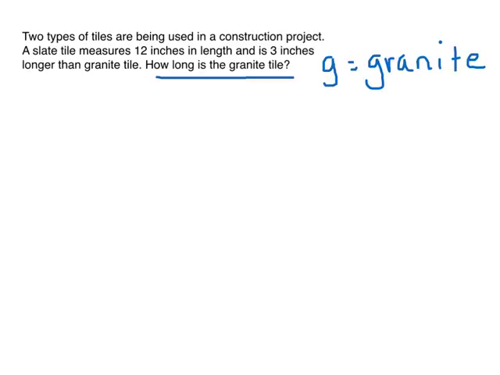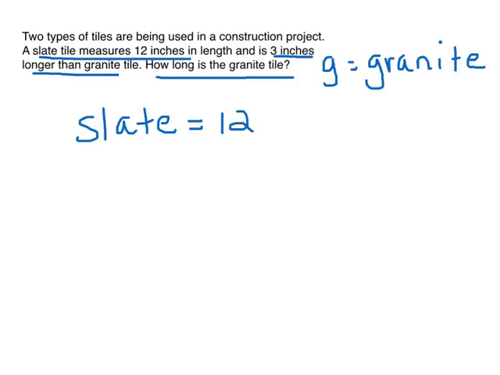We can see that the slate tile measures 12 inches long and that is 3 inches longer than granite. So I know that the slate is 12 inches long, and I can begin to use the rest of that information in the problem to help me create my equation.